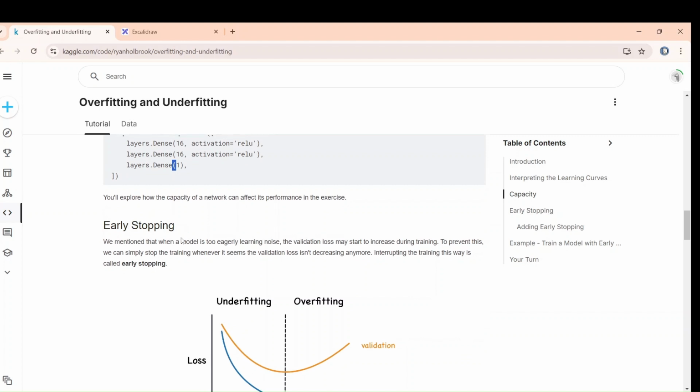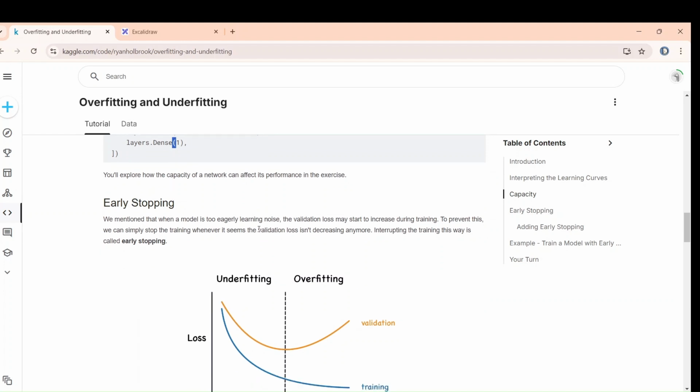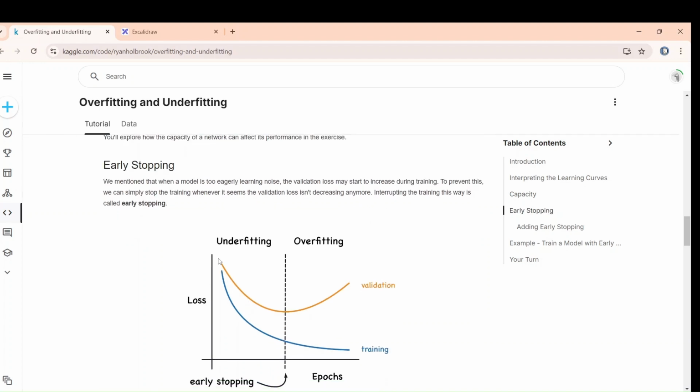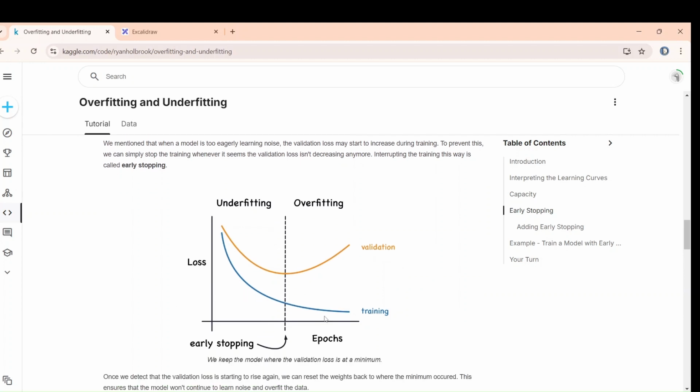Now, next concept is early stopping. We mentioned that when a model is too eagerly learning noise, the validation loss may start to increase during training. To prevent this, we can simply stop the training whenever it seems the validation loss is not decreasing anymore. Whenever you are training your model, you can see that the loss is getting reduced. But whenever you see that the validation loss is not getting reduced anymore, you can stop the training, because maybe in the training set it is performing well because it is able to see the data points, but here it is unable to see the data points.